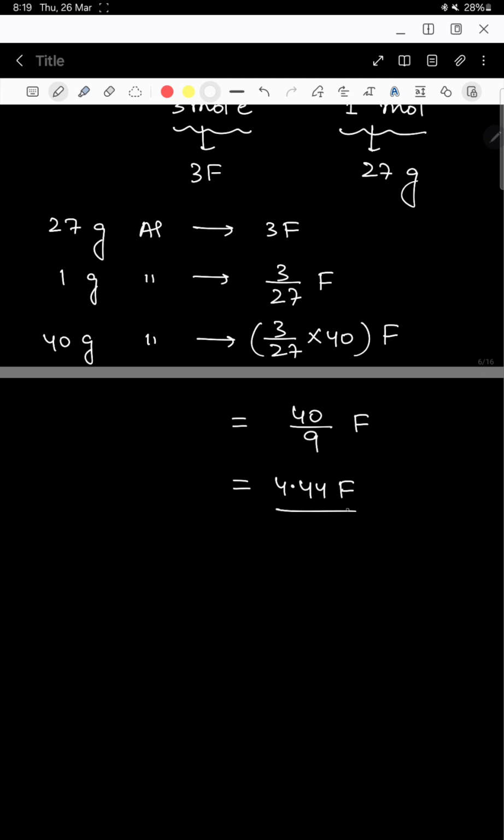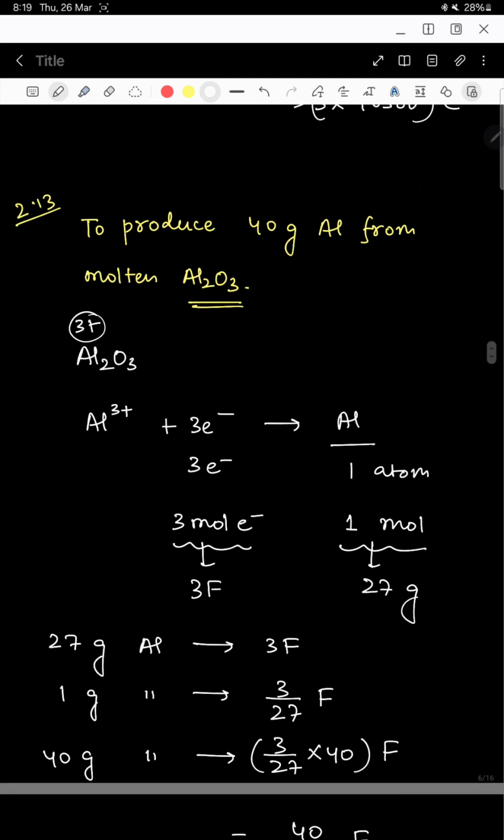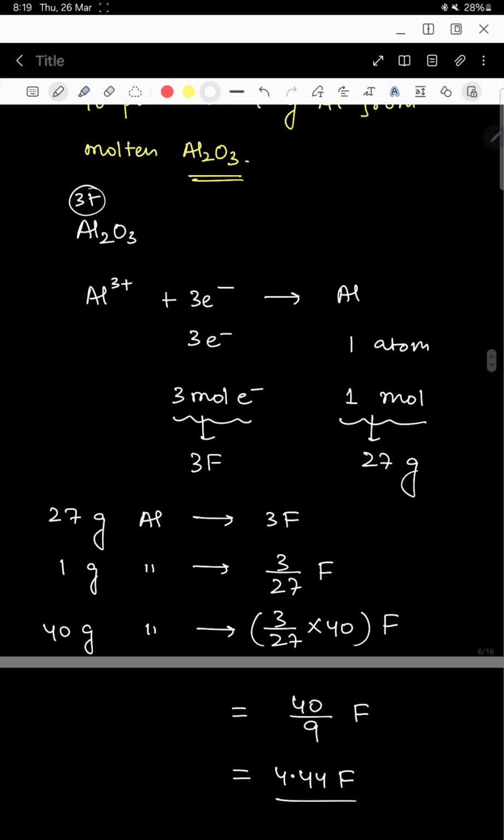Again a simple question. The question says to produce 40 gram of aluminium from Al2O3, how much Faraday of electricity is required? So in the alumina, that is Al2O3, aluminium is in +3 state, so it requires 3 electrons to get reduced to an aluminium atom.